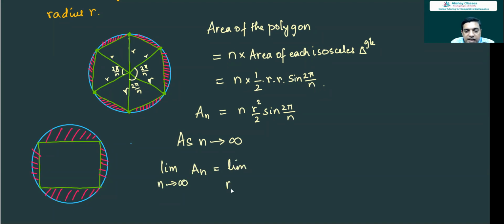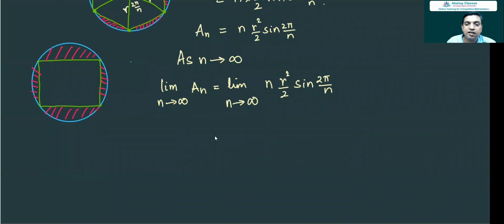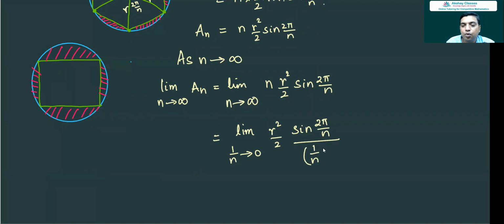Limit n tends to infinity, n r square upon 2 sine 2 pi upon n. Now, as n tends to infinity, 1 by n tends to 0, isn't it? So r square by 2, keep it as it is. This is sine 2 pi upon n upon 1 upon n.